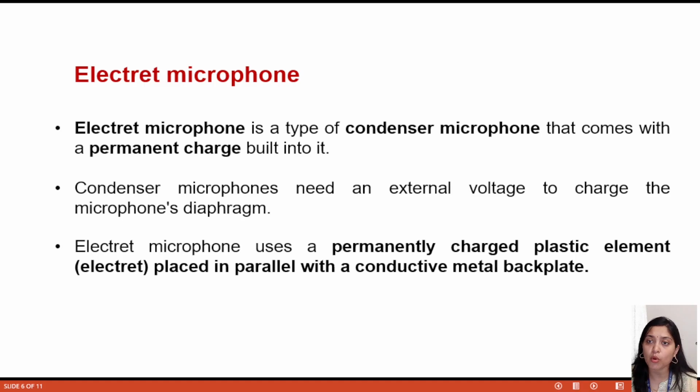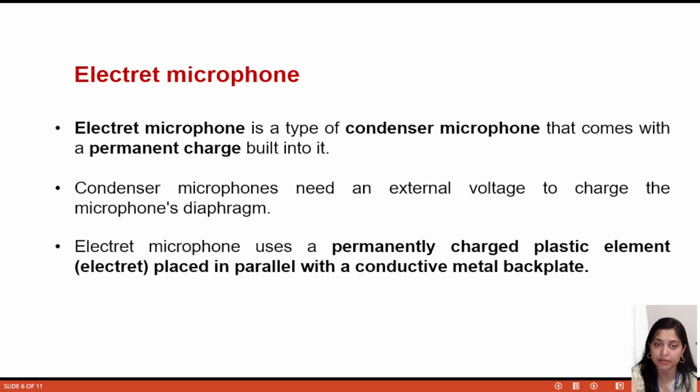An electret microphone is also the same as a condenser or capacitor microphone, but what is the difference? The main difference is that there is a permanent charge. That means here no battery is needed.